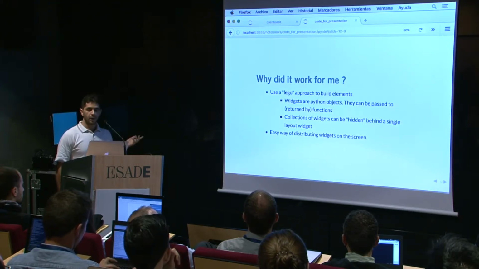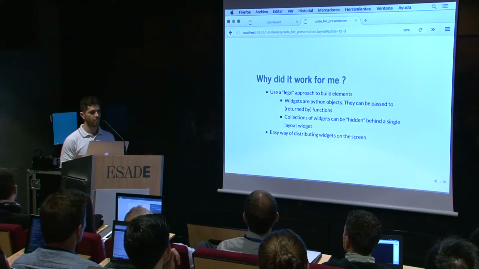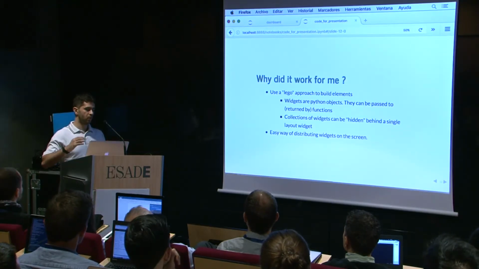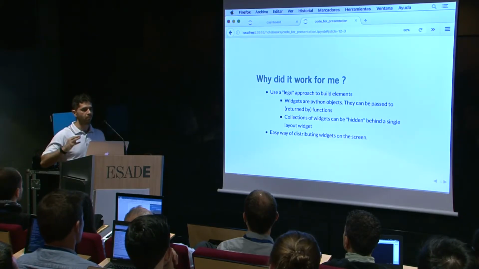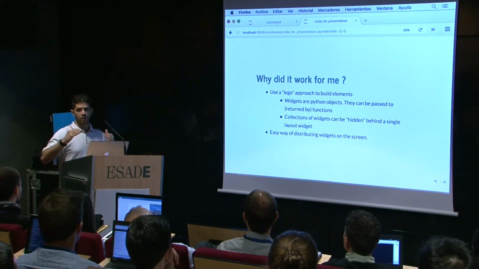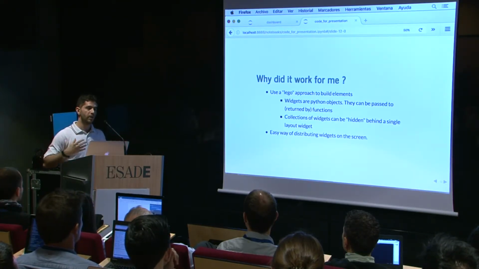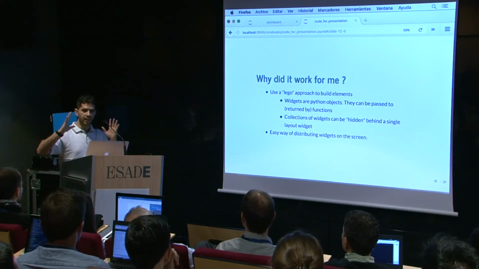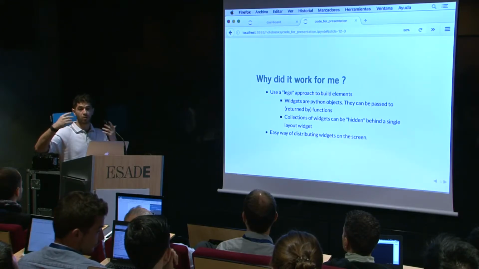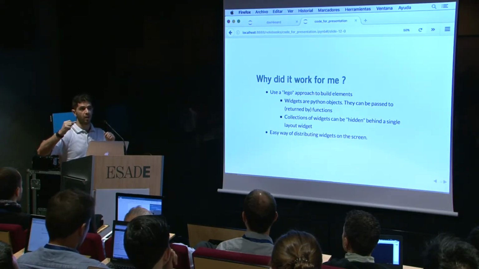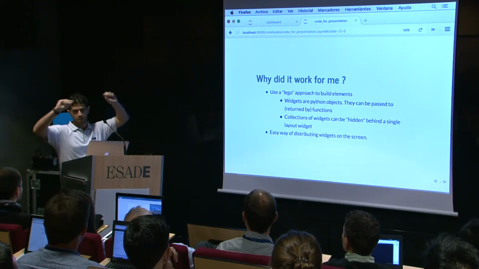And it worked for me, and I've been telling you that because of the Lego approach. So the point is that the layout widgets allow you to make arrangements of widgets in a very flexible way, but also, because widgets are objects, you can pass them or return them from functions. So one of my recipes, let's say, is if I need certain layouts of widgets to depend on options that the user has, then I hide the construction behind a function that takes parameters.